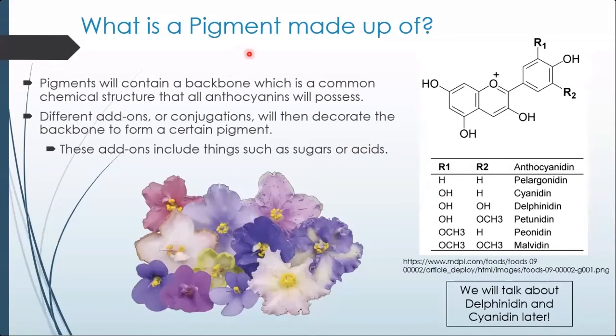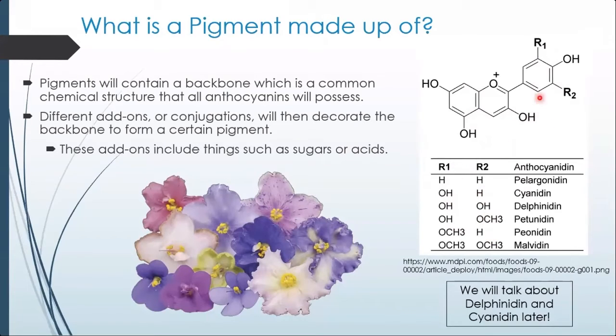So what is a pigment made up of? Pigments contain what we call a backbone, which is the most common chemical structure that the anthocyanins possess. Here we see a depiction of a backbone, and what gives us our different backbones are what we call R groups. R groups are just different elements or other chemicals.